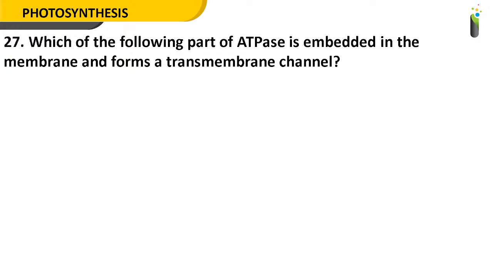Which of the following part of ATPase is embedded in the membrane and forms a transmembrane channel? Now, this question might be at a slightly higher level for 10th standard, but there's no harm in knowing something in detail. The options are A, F0, B, F1, C, F2, D, F3.